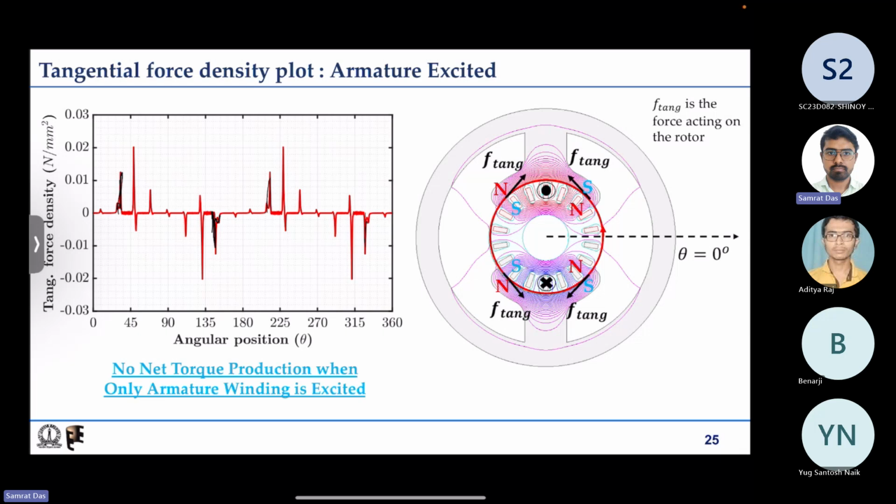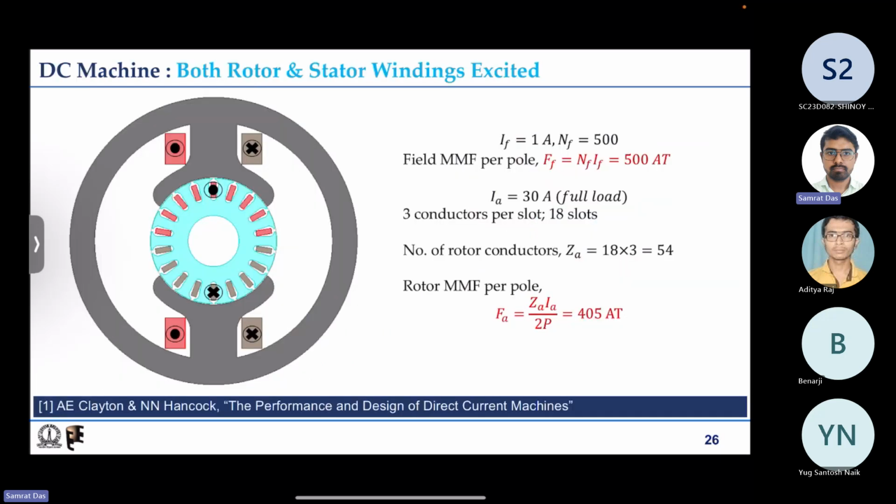So if only the armature is excited, you will have no net torque production. Now, probably I will just introduce this: if both the stator and rotor are excited, then what happens is what we are going to discuss.